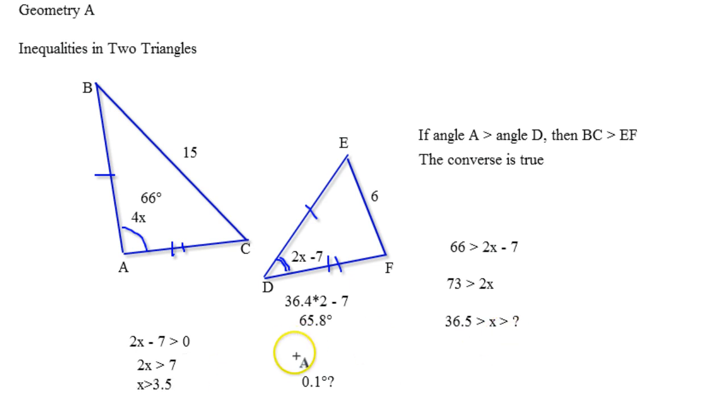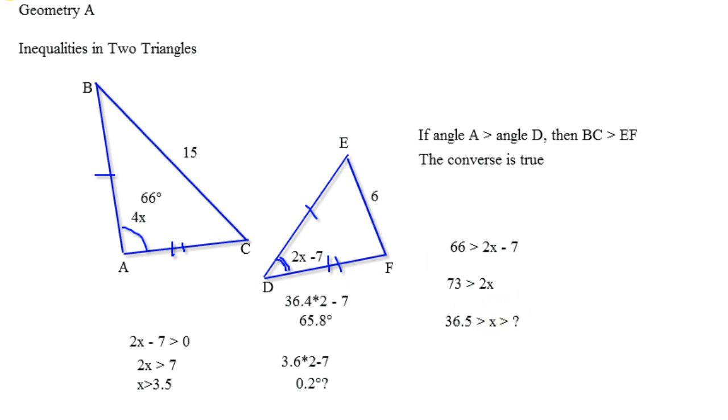Okay, and you could also check that out. You need to be greater than 3.5, so let's go 3.6 times 2 minus 7, and that should get us about 0.2. And so that gets us really close to it.